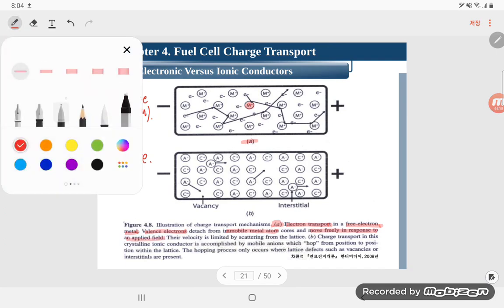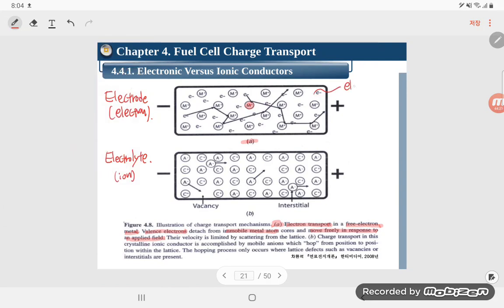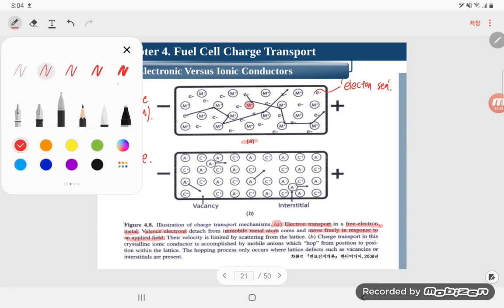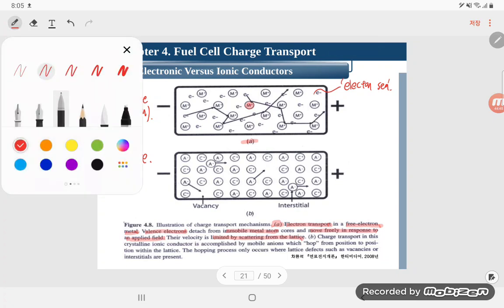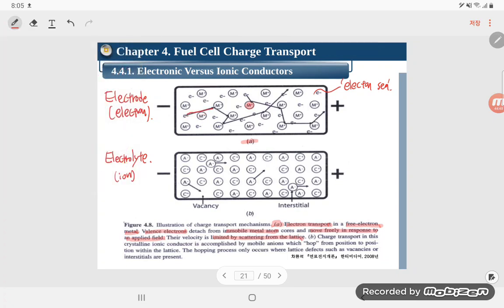So we call this the electron C. It can move freely through the metal, and its velocity is limited by scattering from the lattice. Because the electron is scattered like this, the mobility is dependent on this scattering effect.